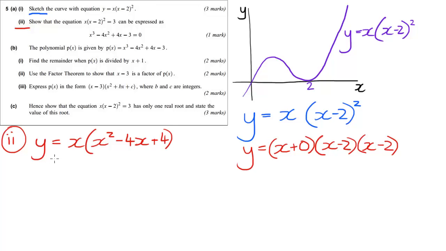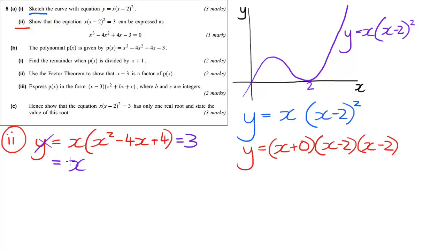Hang on, show that it's this. I put a y there, that shouldn't be a y. Let me cross this out. So cross that out, make this equal to 3.